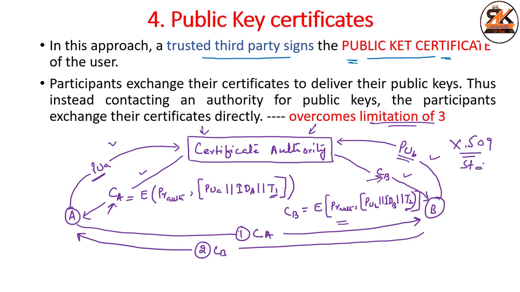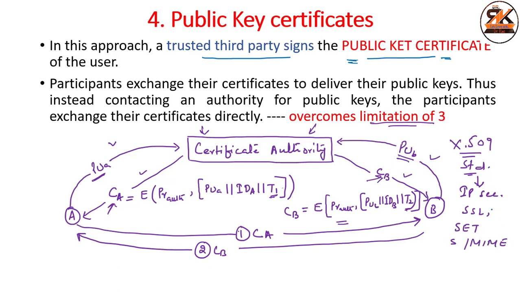This standard is used in most security applications and in networking. For example, we use it for IP security, we use it for SSL, secure socket layer, and we use it for SET, that is secure electronic transaction, and also we use it with the S/MIME protocol.